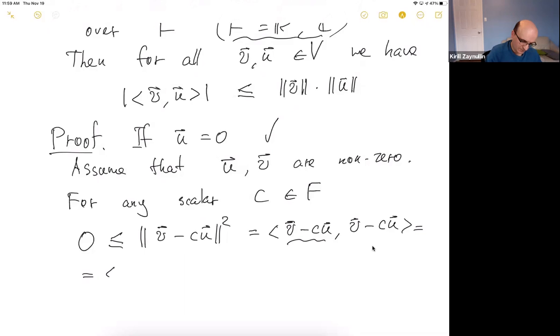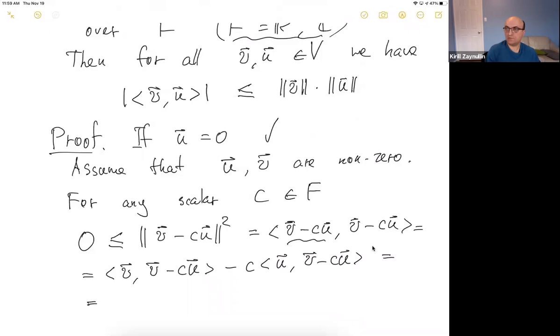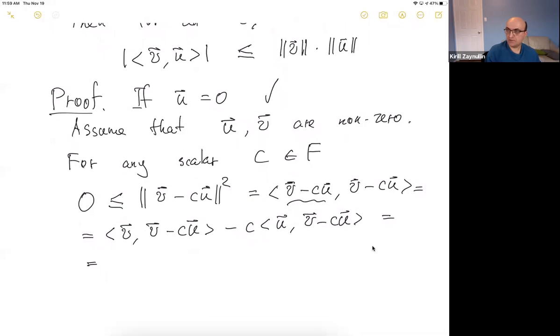This gives me v, comma, v minus cu, minus c times u, comma, v minus cu, where the second coordinate stays. Again, here I use the fact that my form is linear with respect to the first coordinate. Now I want to expand it with respect to the second coordinate, but I have to be careful, because whenever I move out the constant, it has to come with a bar.